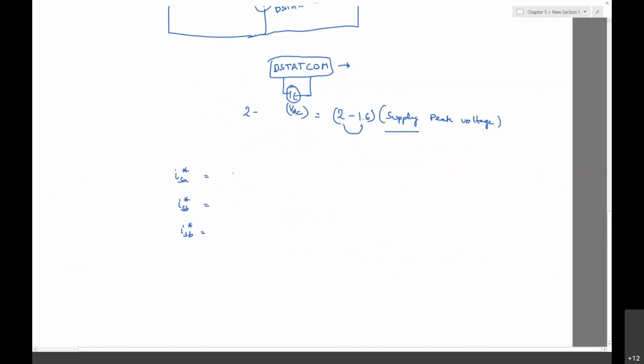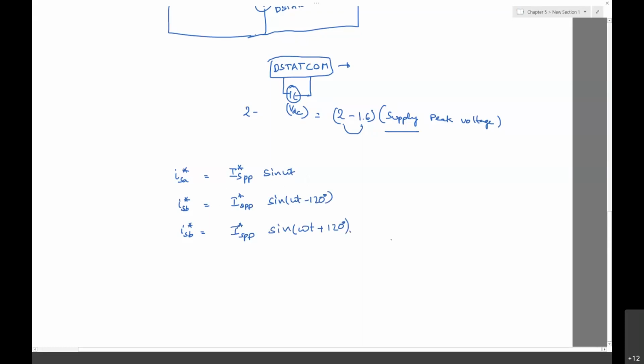What these currents are, the PI current error, that is Isp star into sine of omega t, Isp star into sine of omega t minus 120 degrees, Isp star into sine of omega t plus 120 degrees.